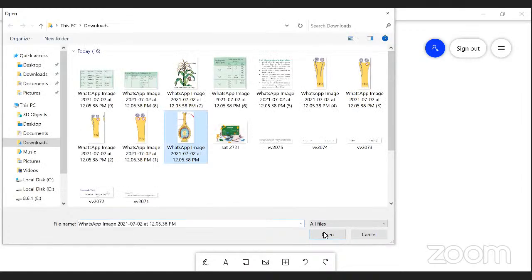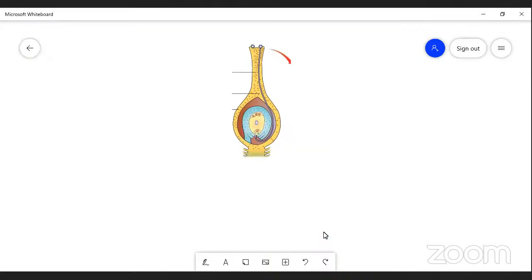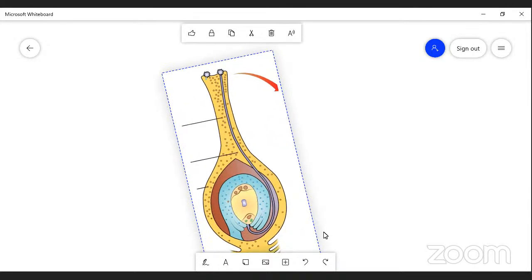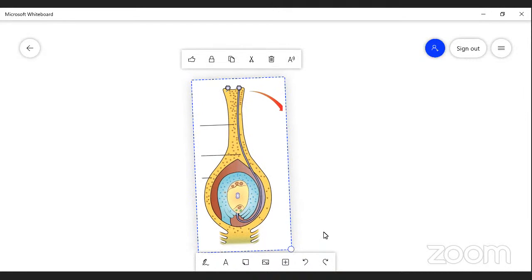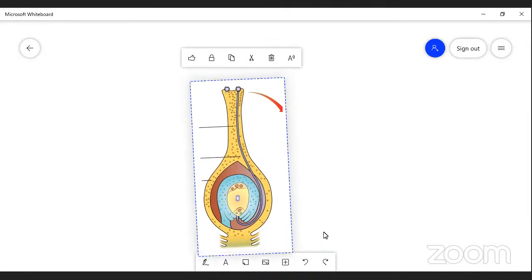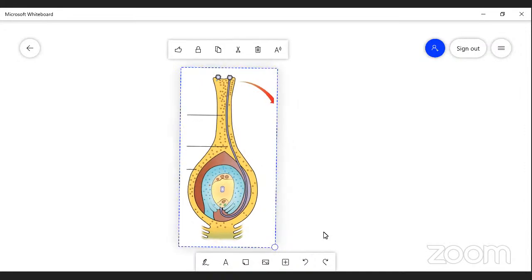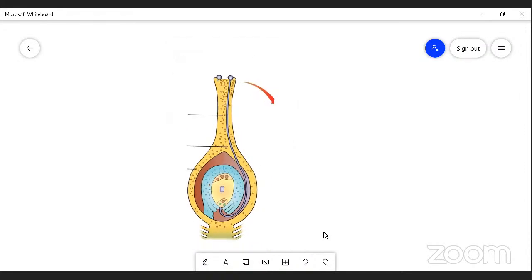Now, this is the gynoecium, which consists of stigma, style and ovary. It is the female reproductive part. Here, the stamens originate at the bottom of the ovary.